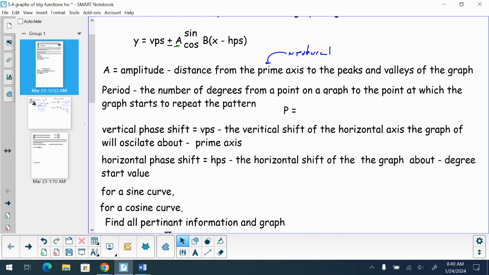Second part is the period. The period is the number of degrees from a point on a graph to a point at which the graph starts to repeat the pattern.